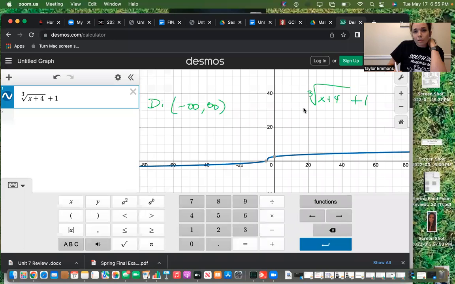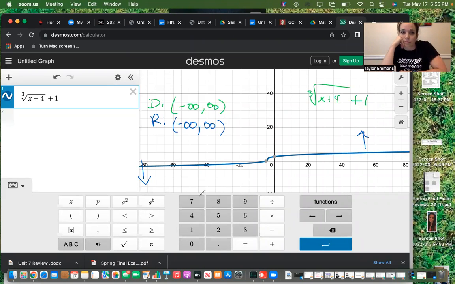Just drop questions in that chat box and I can help you out. For range, how far down does it go? Negative infinity. How far up does it go? Positive infinity.